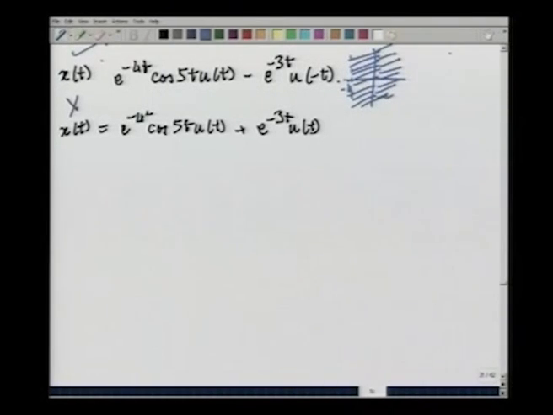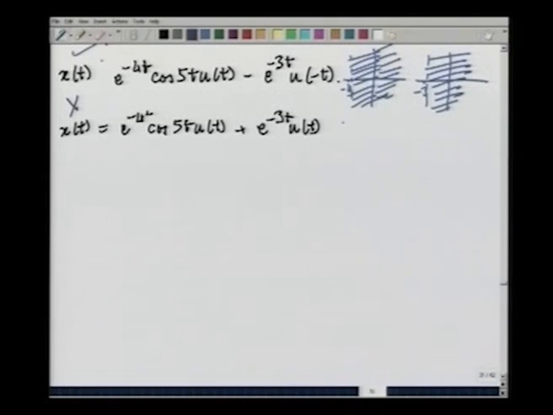Then you have the other ROC, which is sigma greater than minus 3, and you have this as the thing. So, when you take the intersection of these two ROCs, you would obviously get an ROC which is also right sided, rightward ROC.